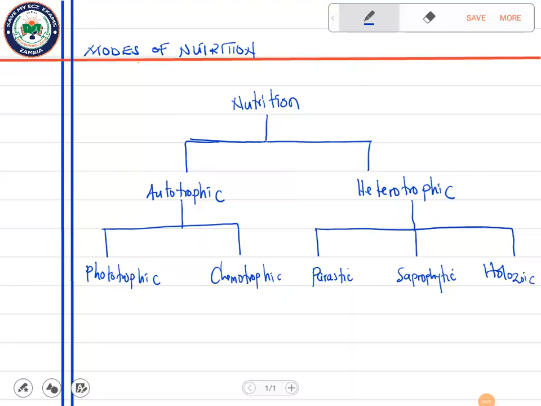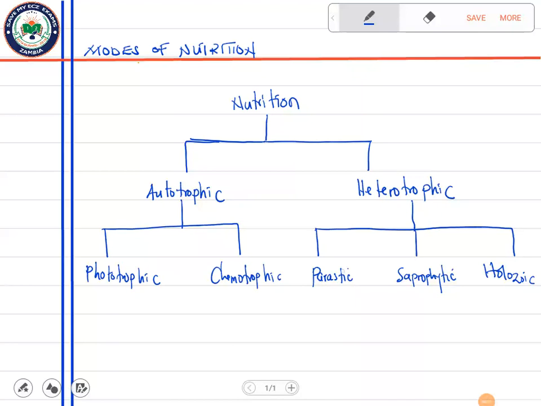So, what is the parasitic type of heterotrophic nutrition? Now, parasitic nutrition is a type of nutrition where an organism, which we call a parasite, will live and also feed on another organism called a host, in the process causing harm such as disease or injury, even death.